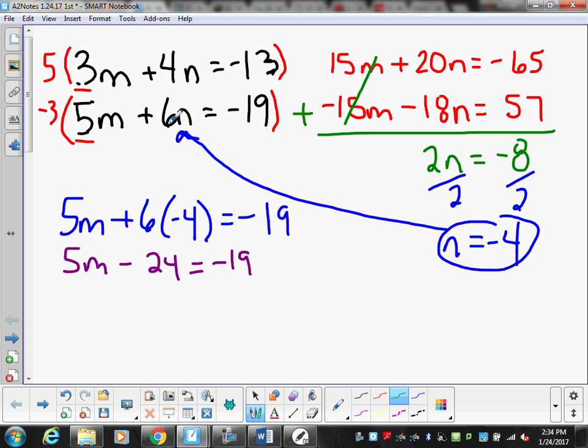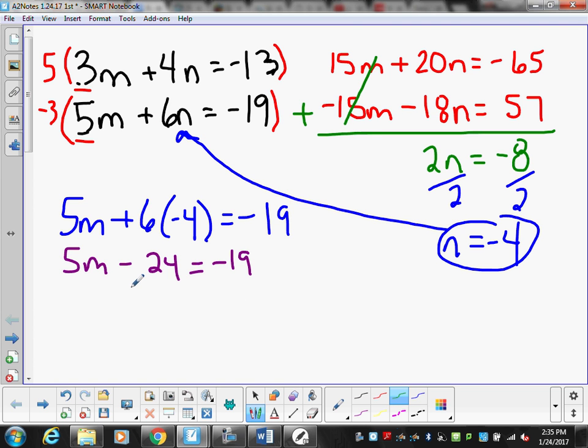I chose the second one; I could have chosen the first. You can choose either one of these red equations, but the numbers just get a lot bigger because you've multiplied by a number already. So I would just go back to one of our two original ones and go from there.